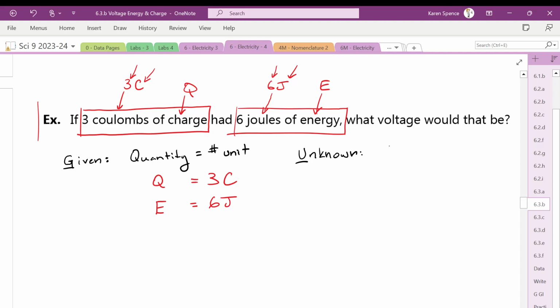So we still need to do our quantity. And then it's going to be equal to, we don't know how many, and then our unit. If we don't know the unit, we can leave it blank. Okay. So could you please write down your quantity of your unknown?